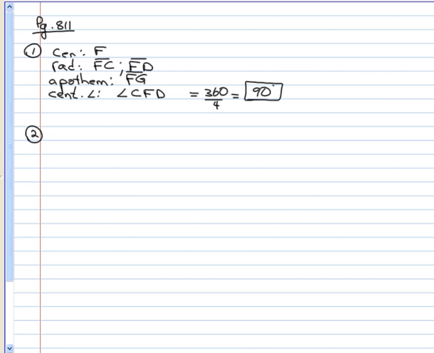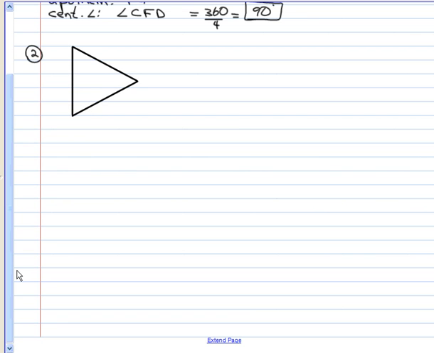Number 2, find the area of each regular polygon. We need to have sketches of these shapes, because we need to be drawing in these shapes, all these things that we need to figure out. Is that a 6-meter side?